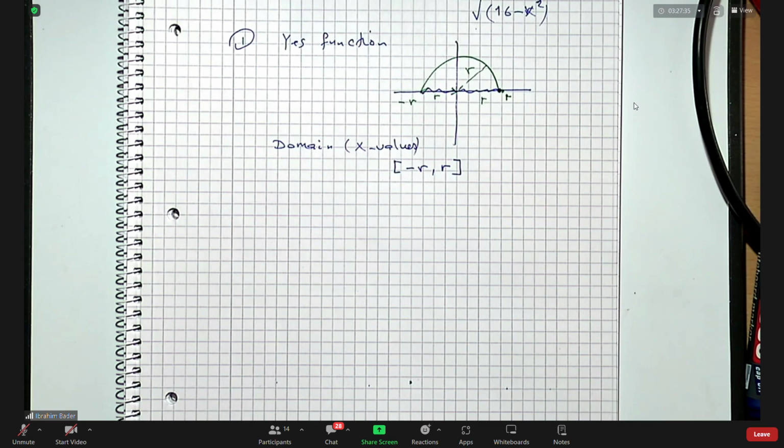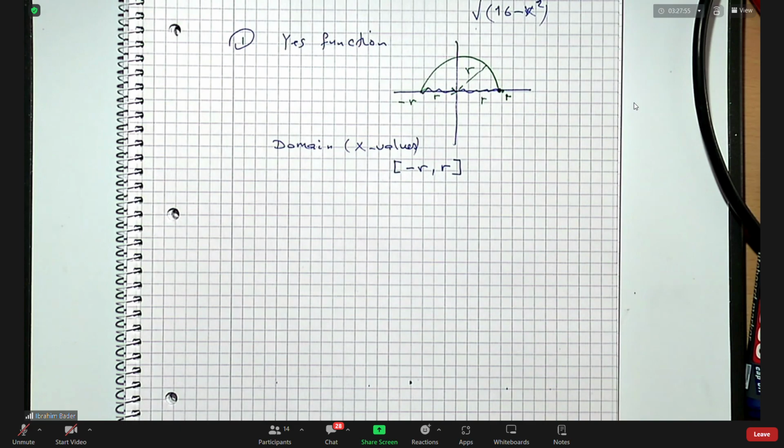It means here it's a half circle with radius R. If you go to the left beyond that, and square it, it will give you a negative value under the square root, right?